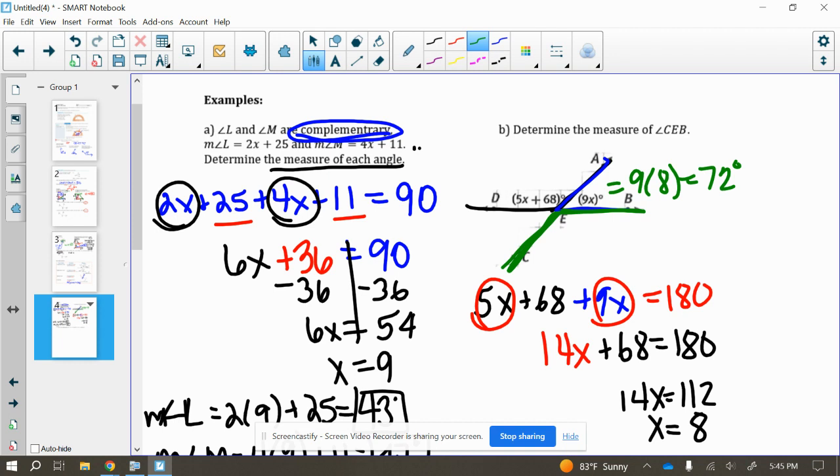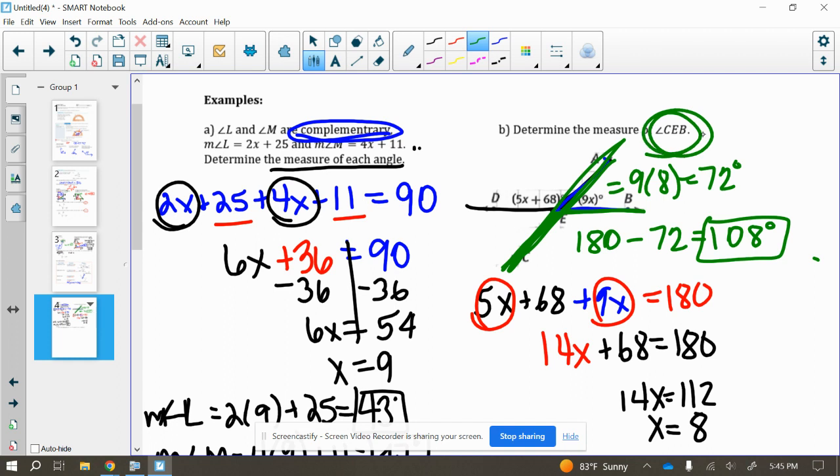And then we know that these two are creating this straight angle. So 180 would be the size of our big angle. Subtract away the 72. We get a total of 108. So this is a really nice example for being careful of what the question is actually asking you for.